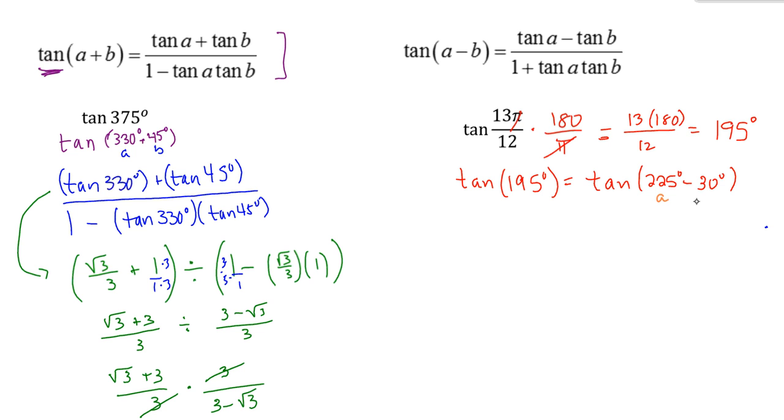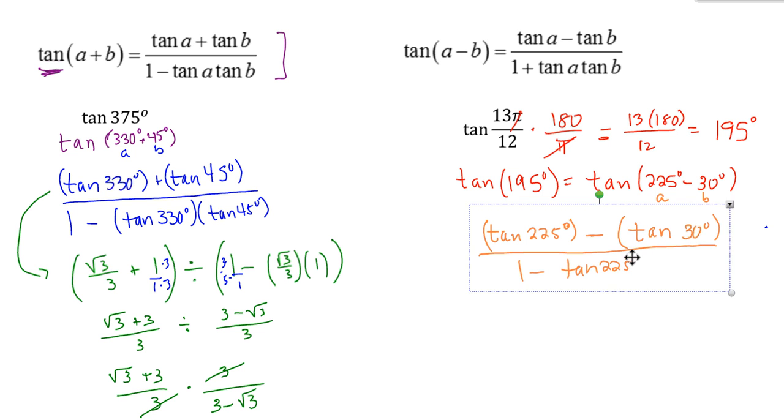Okay, so this is my A and that's my B. We've got tangent of 225 minus this time tangent of 30 over 1 minus the tangent of 225 times the tangent of 30.